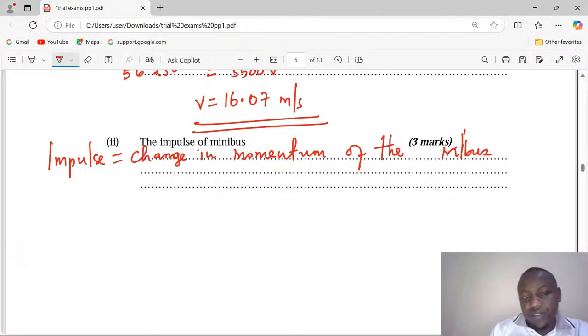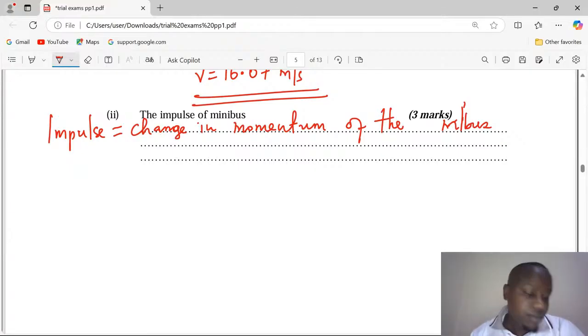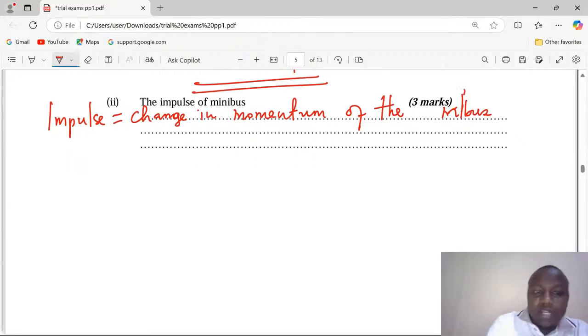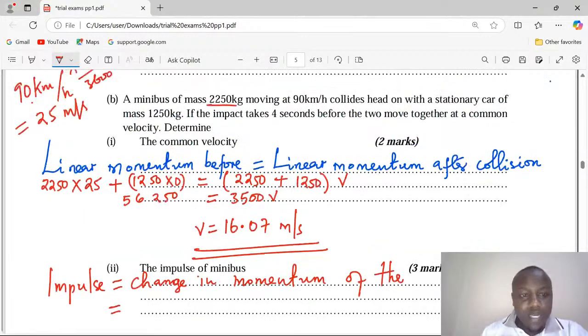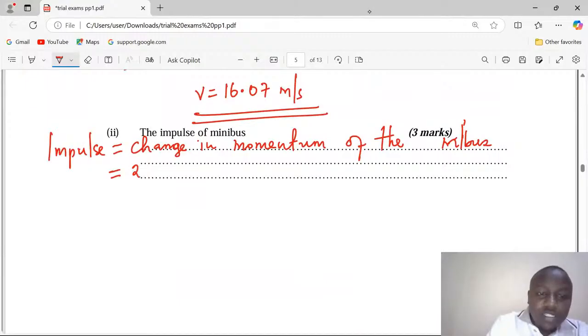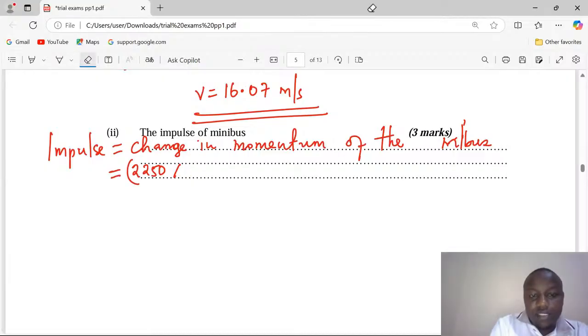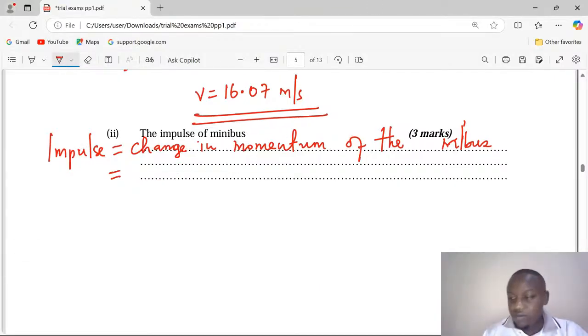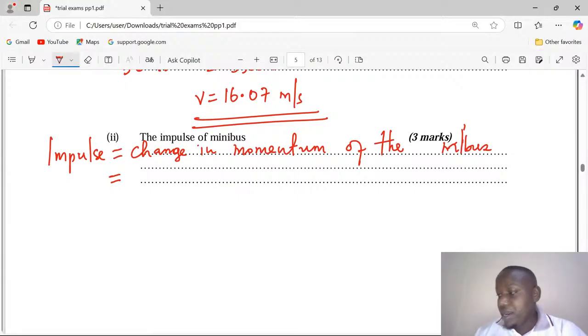Change in momentum of the minibus. So impulse is going to be, for the minibus, it was initially moving at 2250 by 25. That is initial. Let me start with the final. I think we have to work it that way. We begin with the final minus initial.